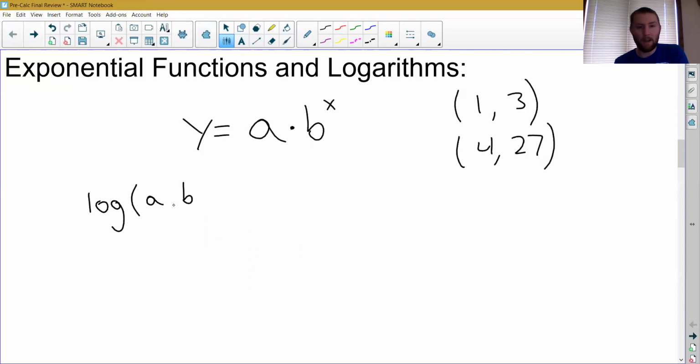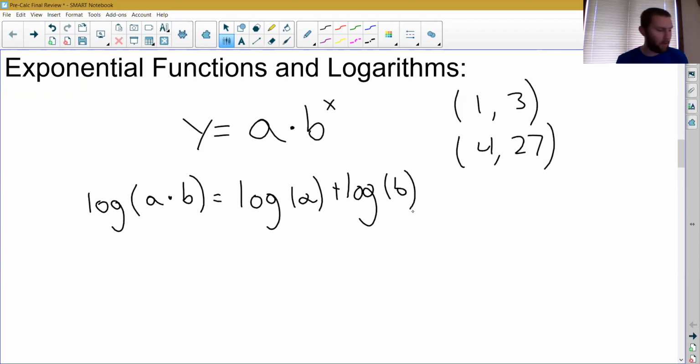The log of a times b, right, is equal to the log of a plus the log of b, so on. We have all of those rules and formulas and laws back in section 3.3, so page 159-ish of volume 1 of your textbook.